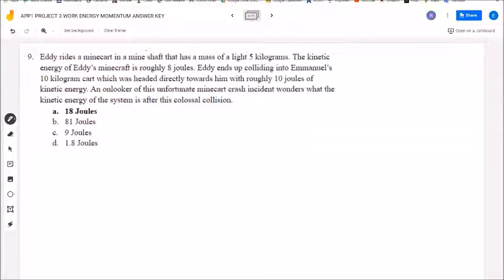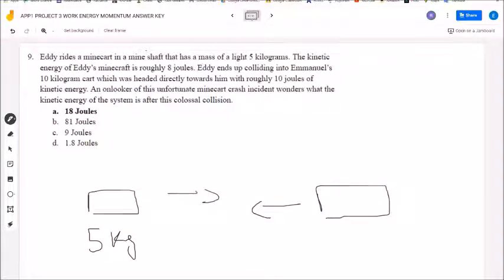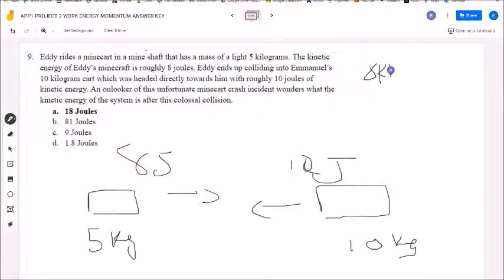So in this collision, kinetic energy is conserved. I'll just draw a quick little diagram. This is Eddie's cart, 5 kg, going this way. Emmanuel is going this way with 10 kg. Eddie's car has kinetic energy of 8 joules. Emmanuel's car has kinetic energy of 10 joules. Going into this collision, since kinetic energy is conserved, since it is an elastic collision, the change in kinetic energy will be 0.